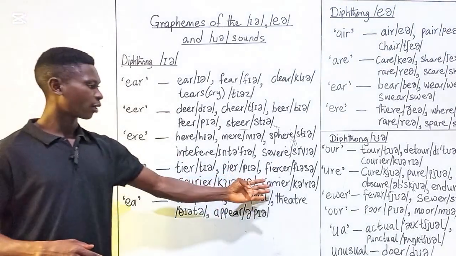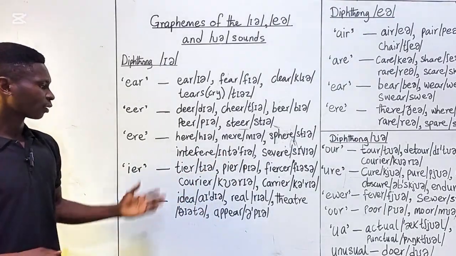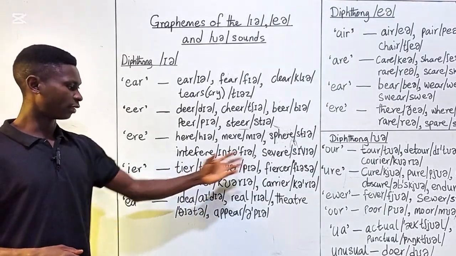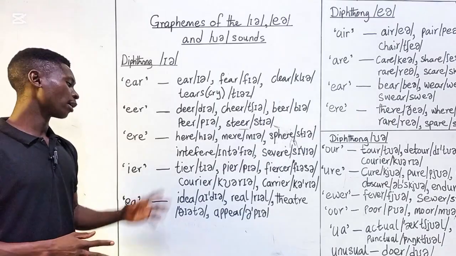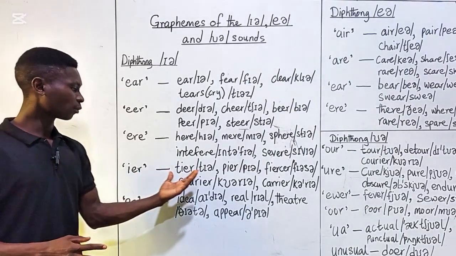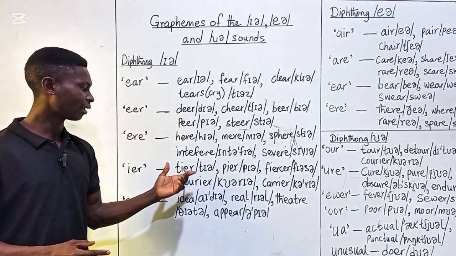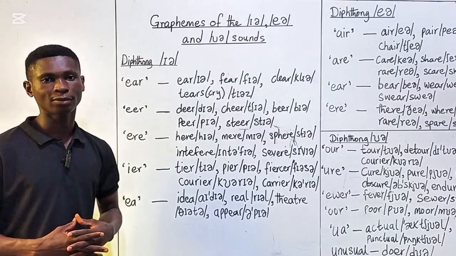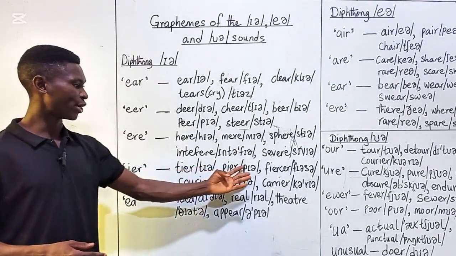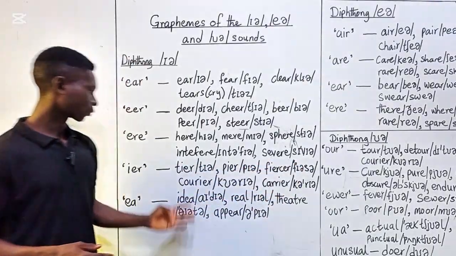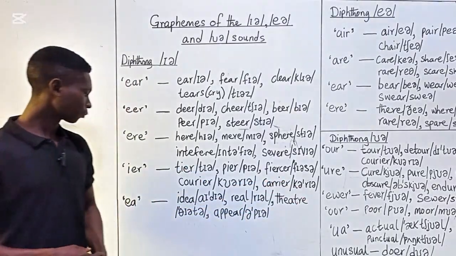And we have here career. So these are the pronunciations of each of these words, and again the transcriptions. When you want to pronounce these words, you have to articulate each of the sounds accurately. So here we have tier, peer, piercer, courier, and career.